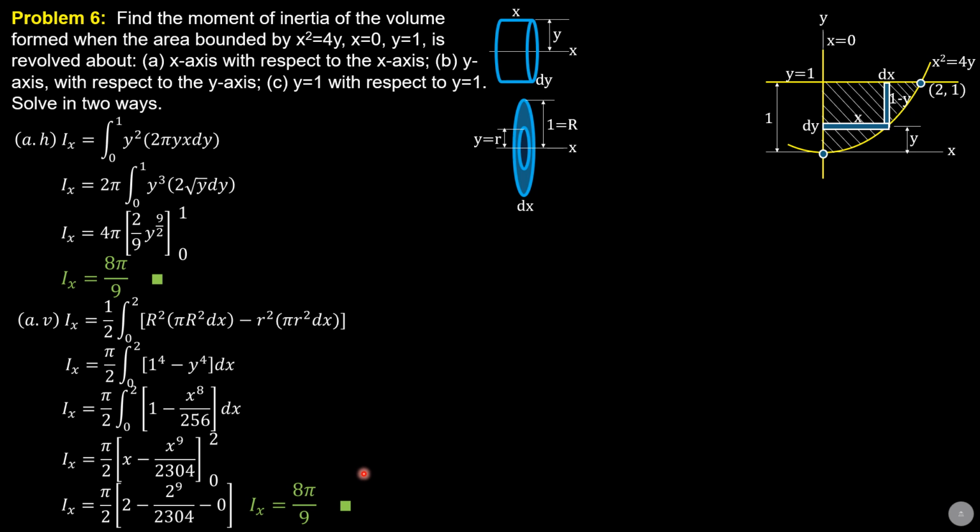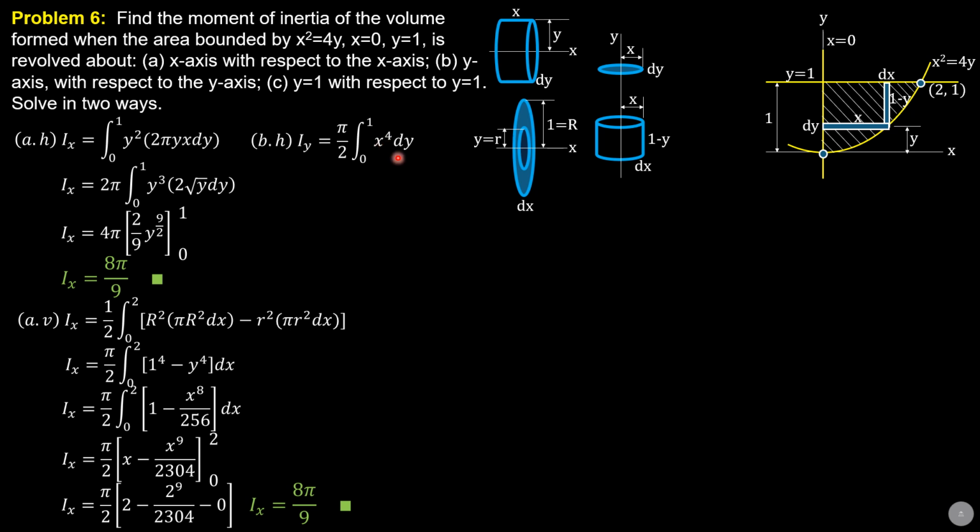That's the answer. Then for part B, revolve about the y-axis. So this horizontal strip will generate a disc without a hole, and this vertical strip a cylindrical shell as shown in the figure. So for the disc first, the shortcut is pi over 2 integral of x to the fourth dy, based on the result. So pi over 2 integral from 0 to 1 of radius to the fourth dy.